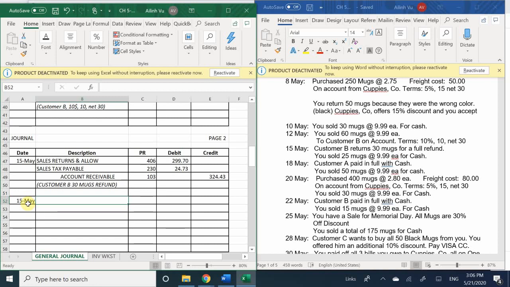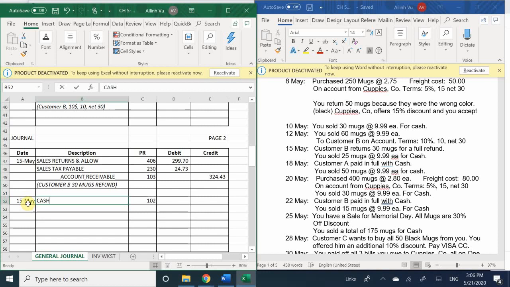Cash. Yes, we got money. This is for sales, for cash. Account 102. Good. What else do we need to recognize?